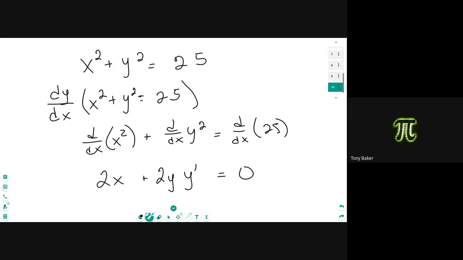Does each of those steps make sense? Do you understand each of those steps? Whenever you do the derivative of x, you just leave it. If you're doing the derivative of y, you have to put y prime next to it.